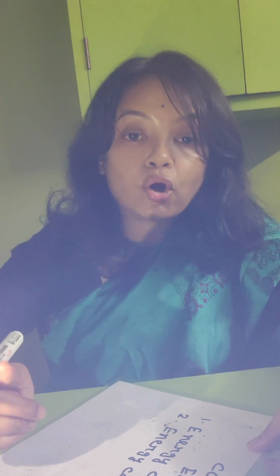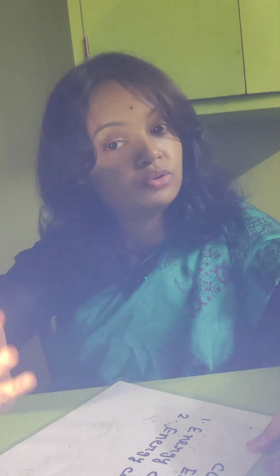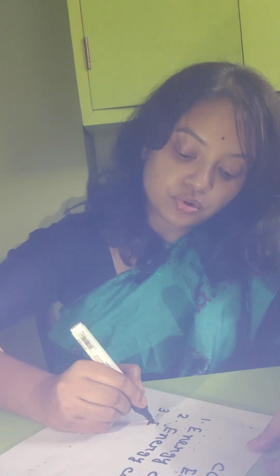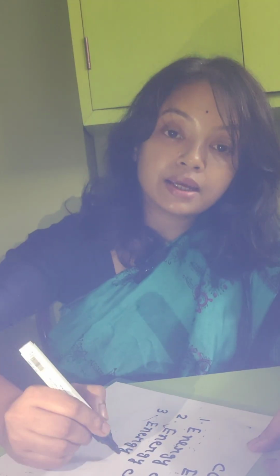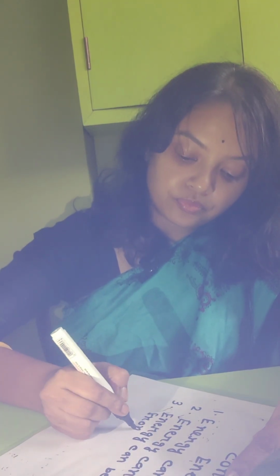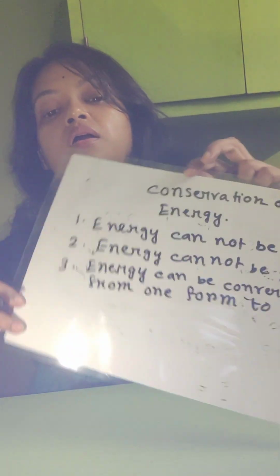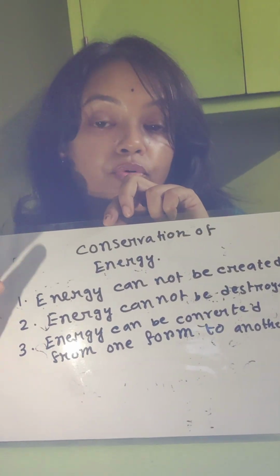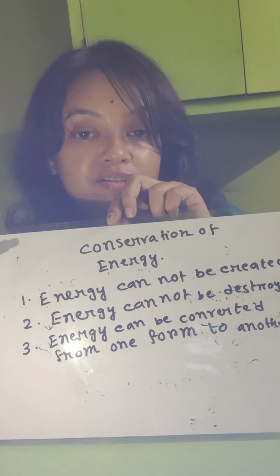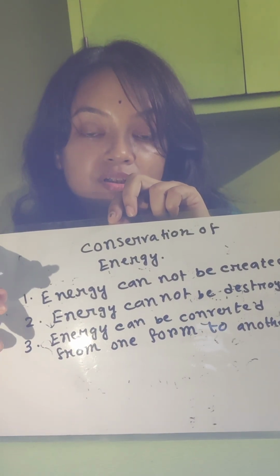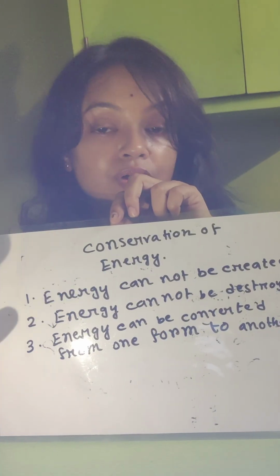Only energy can be converted from one form to another. We cannot produce energy, we cannot prepare energy, we cannot create energy, we cannot destroy energy. It can be only converted from one source to another.